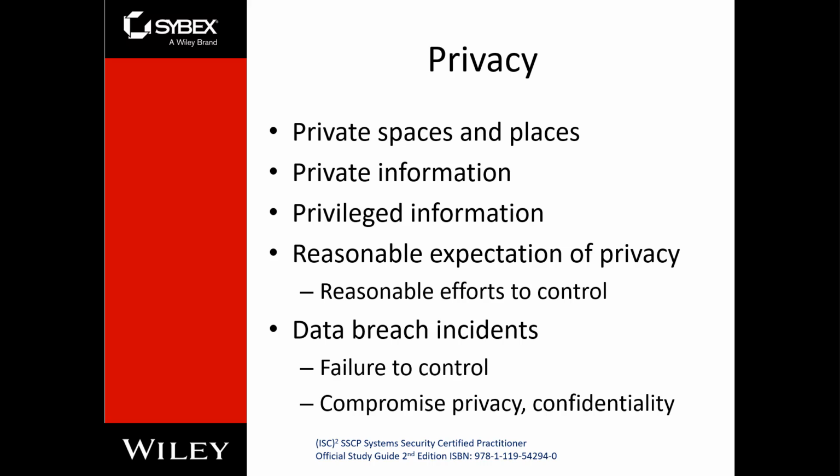Understanding that private information is typically information that is to be kept private, and that is different from privileged information. Privileged information is something that can be shared with the appropriate privileges. The core concept here is what is classified as reasonable expectation of privacy, the reasonable efforts to control that information.